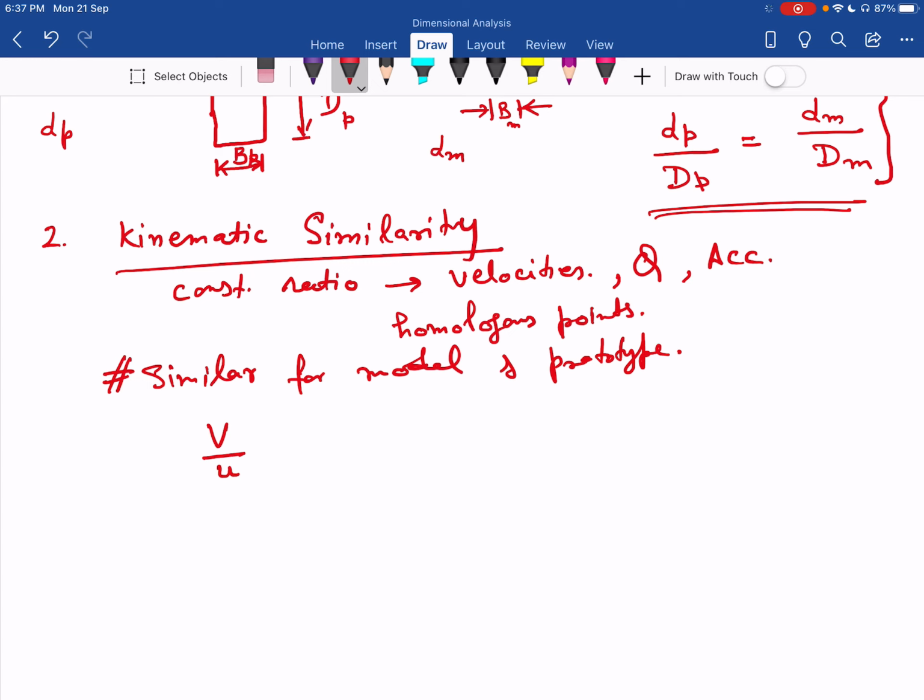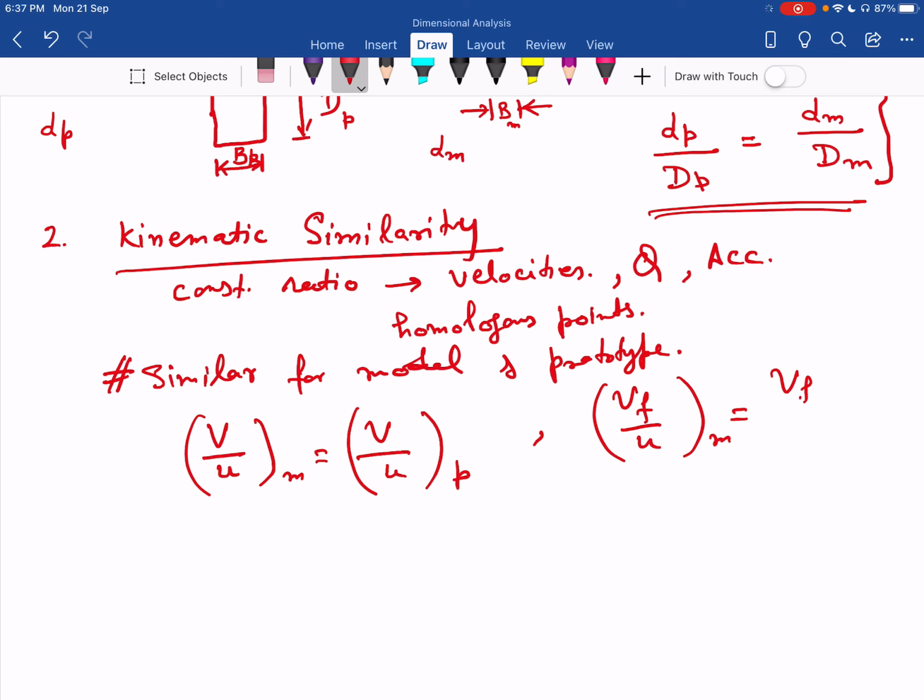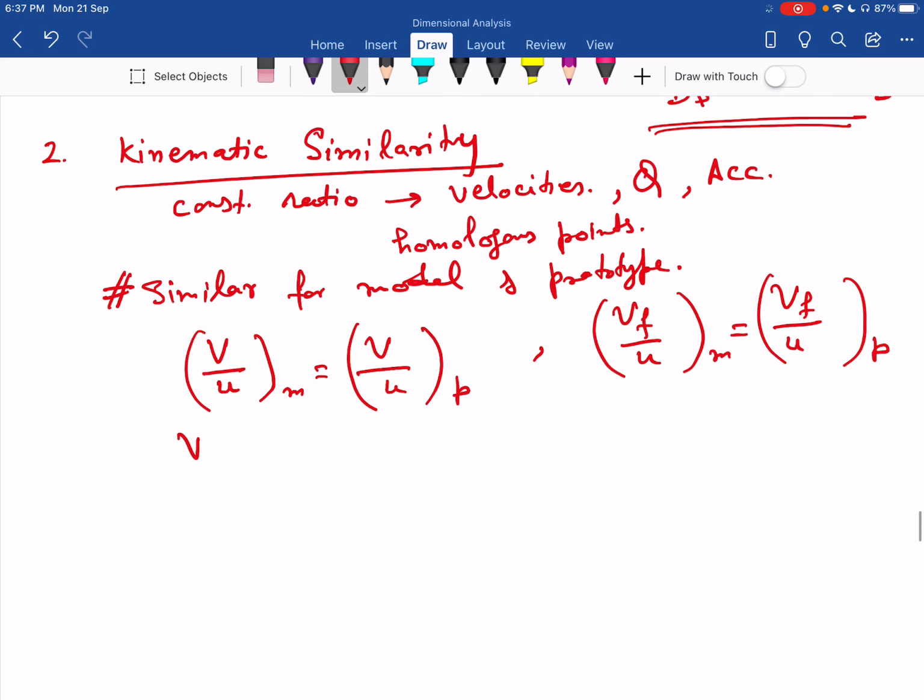Here you can simply write V upon u for model is equal to V upon u for prototype. Then there is the flow component of velocity, Vf upon u for model is equal to Vf upon u for prototype. Then there is also the whirl component of velocity, Vw upon u for model equal to Vw upon u for prototype. Such equations hold good for kinematic similarity.